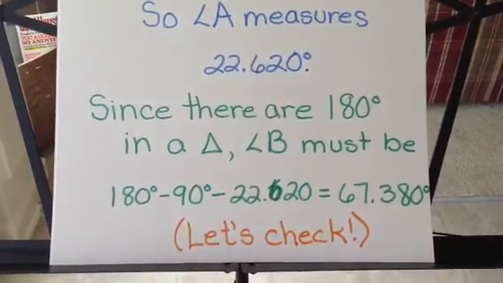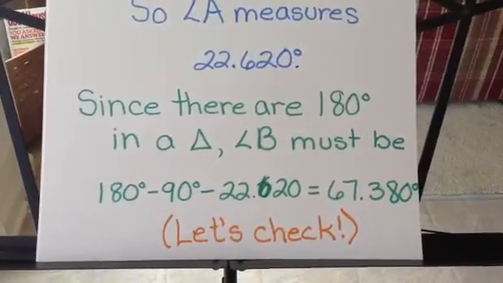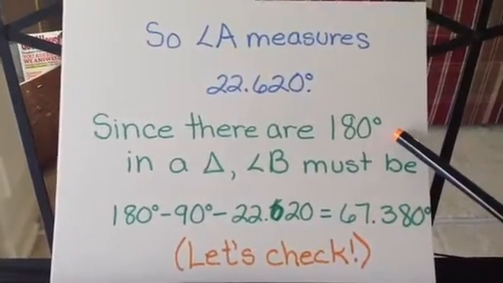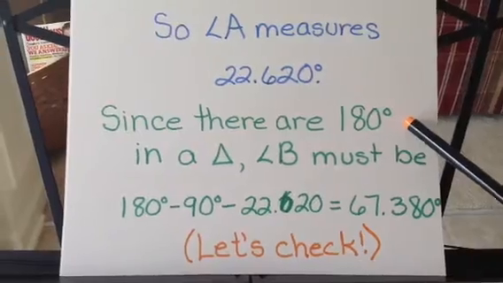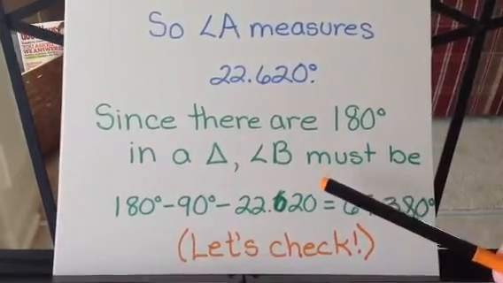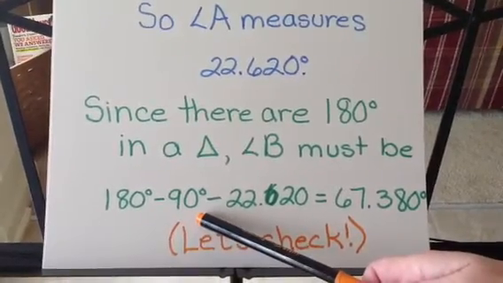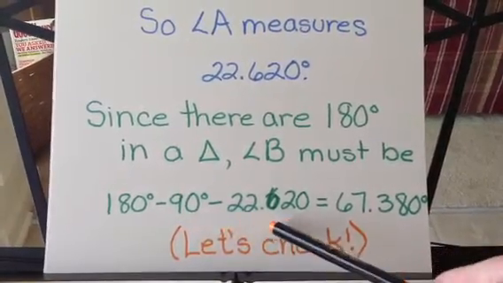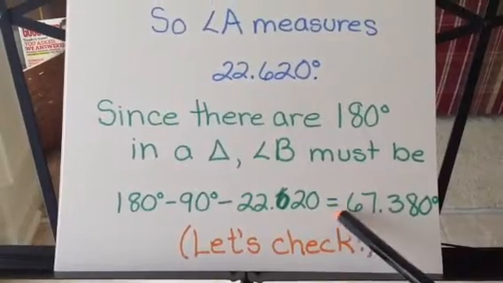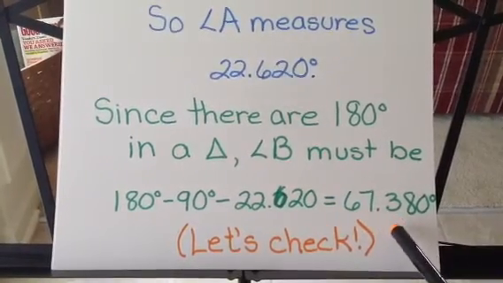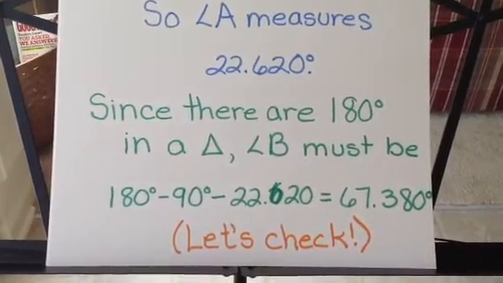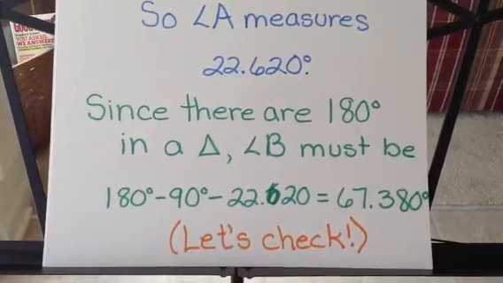And so we could find angle B pretty easily now, because we know that there are 180 degrees in a triangle, and so angle B must be 180 minus our right angle minus our angle A, and that's going to give us the measure of angle B, 67.380 degrees.